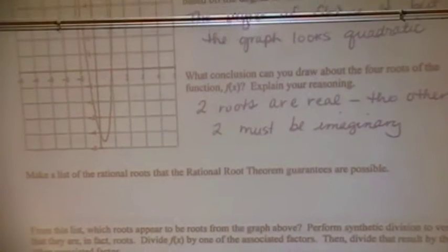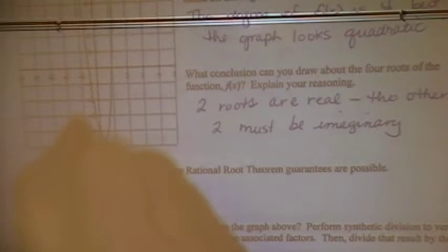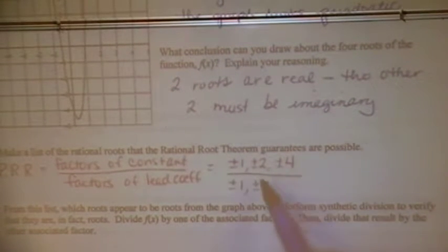So we want to do our list of possible rational roots again. Factors of the constant over factors of the lead coefficient. This will be short also, because 4 only has 3 factors, 1, 2, and 4, and 2 only has 2.